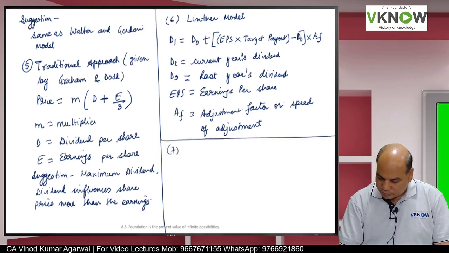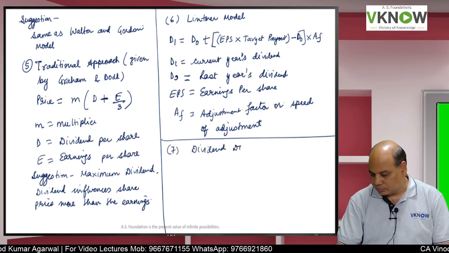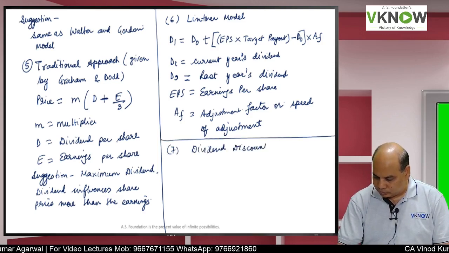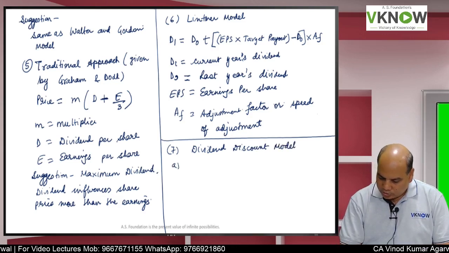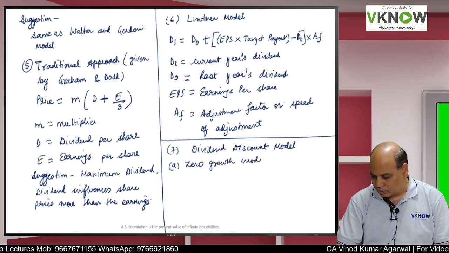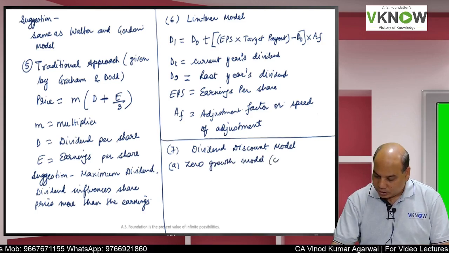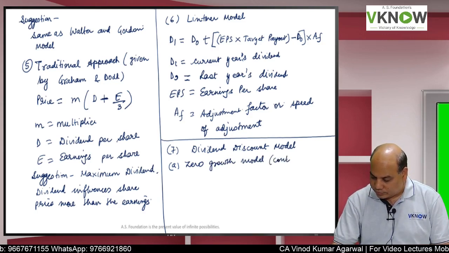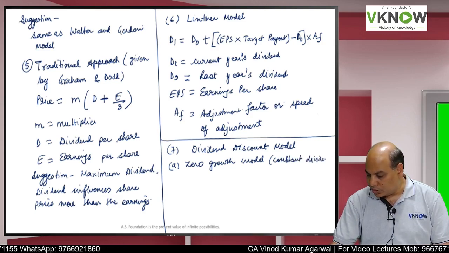Now write down dividend discount model. Under that write down A, zero growth model. That means dividend will remain constant, in bracket write constant dividend.